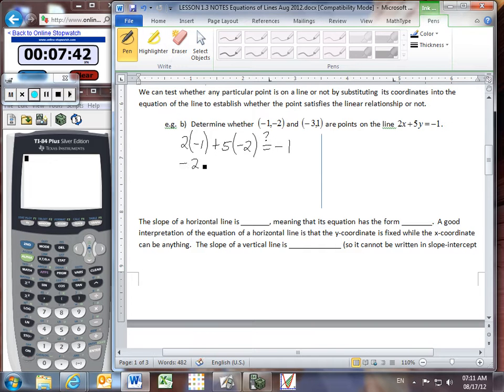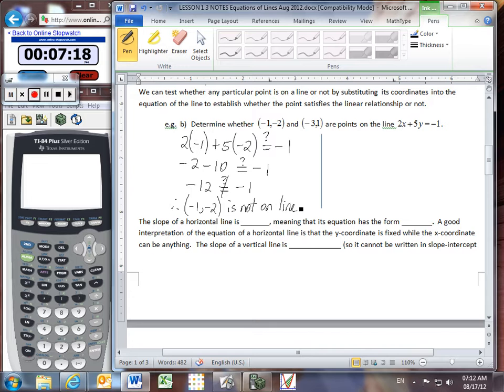So I've got negative 2 minus 10. Is this equal to negative 1? Is negative 12 equal to negative 1? No, of course not. And therefore we can establish that negative 1, negative 2 does not follow this linear relationship. It doesn't work, and hence it is not on the line.